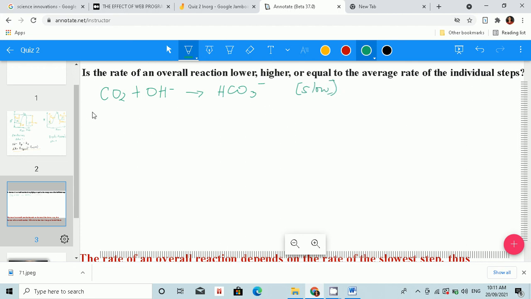And then we have the second step, which is HCO3 minus plus OH minus, and this yields to CO3 2 minus plus H2O.